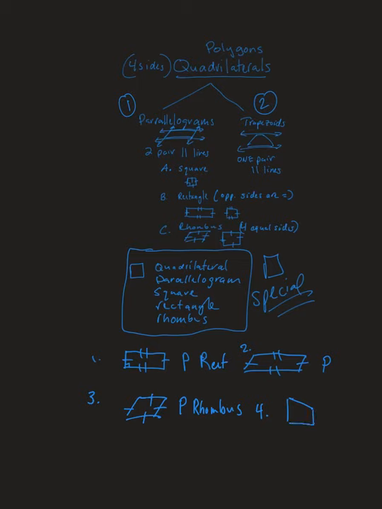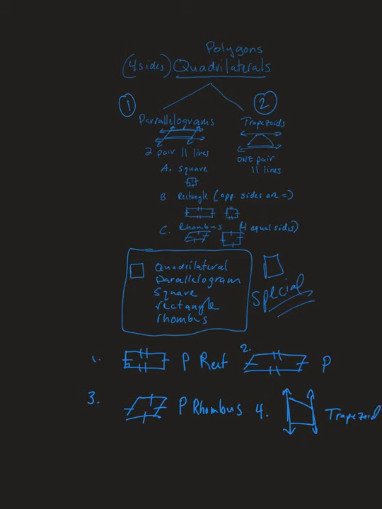If you look at number 4, number 4 is a quadrilateral, okay. It has one pair of parallel sides. Now that doesn't look like our common trapezoid, but this is what this is. This is a trapezoid.